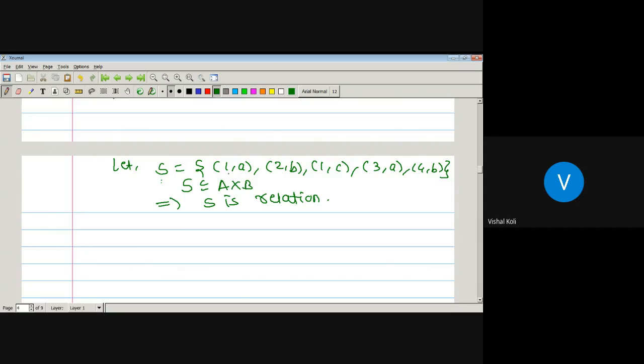Here, element 1 has an image a, element 2 has image b, element 3 has image a, element 4 has image b. But the element 1 belonging to capital A has two images, that is, one goes to a and one goes to c.